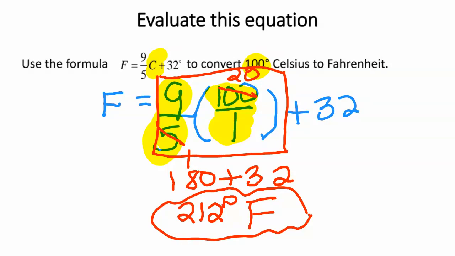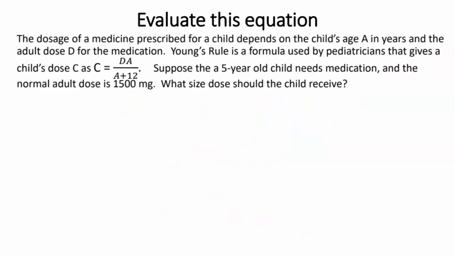Now, my last one is a wonderful story problem. And you are going to have story problems very similar to this. But you need to be able to read it and translate it. Because remember, translation is a big part of our course. Now, this particular problem says the dosage of a medicine prescribed for a child depends on the child's age.